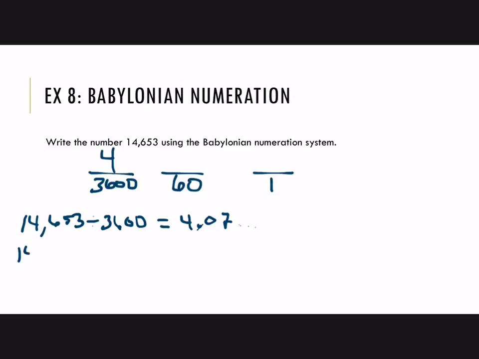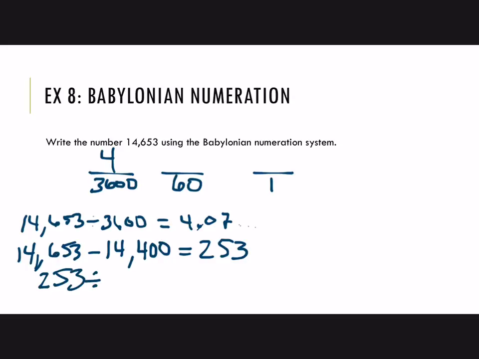All right, so what I want to do is take 14,653 and subtract 4 groups of 3,600. Okay, so 4 times 3,600 is 14,400, and subtracting is 253. Okay. Now as a check, that should be smaller than 3,600. If it's larger, then that tells you there's enough to make another group of 3,600. All right, next divide that by 60 to see how many groups of 60 are in there.